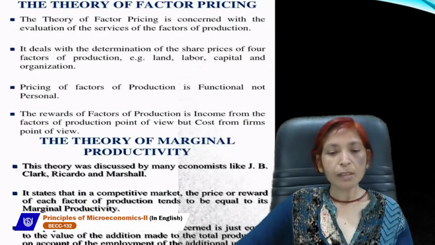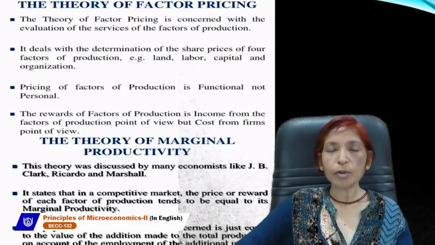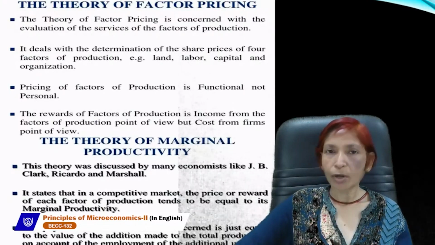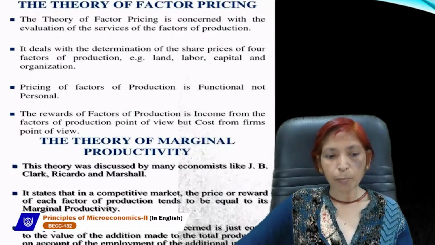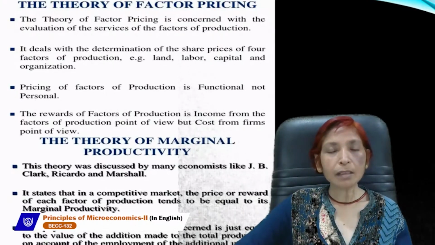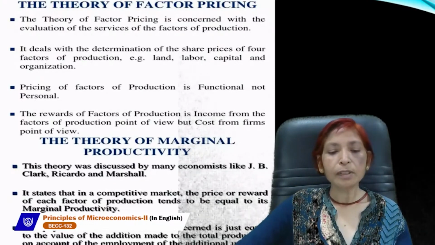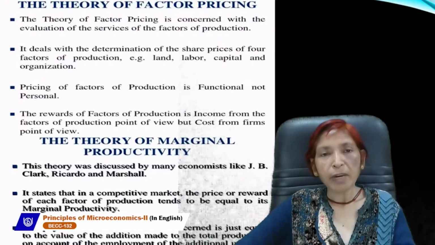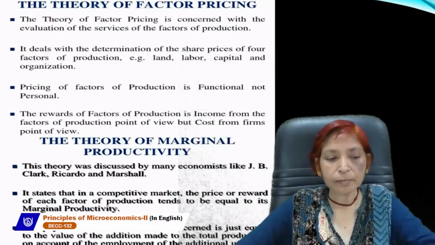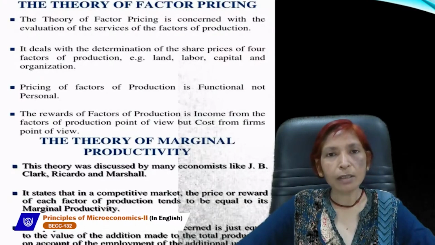We should give the price or reward of each factor of production according to their contribution in marginal productivity. And the payment made to the factor of production concerned is just equal to the value of the addition made to the total production on account of the employment of the additional unit.